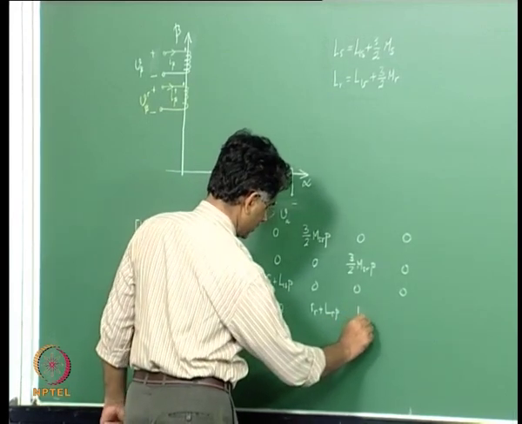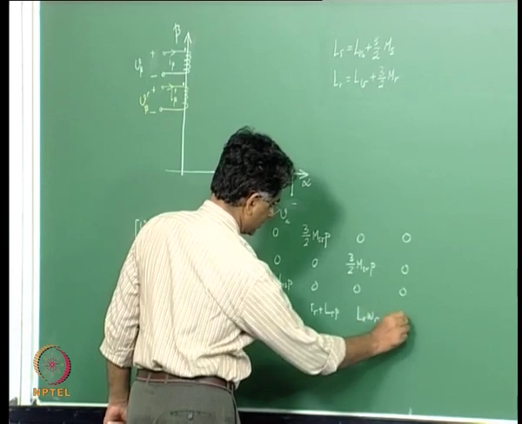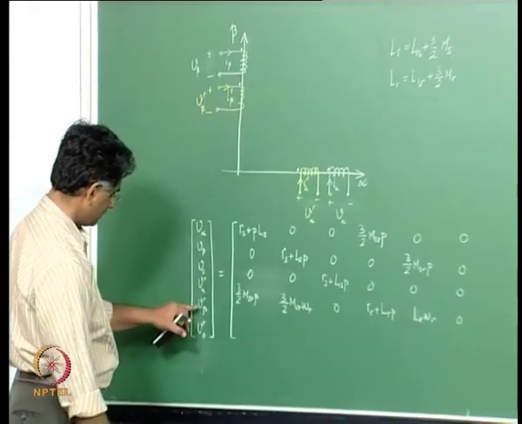So, you have Lr into omega r, and this term is 0, and then V beta axis.